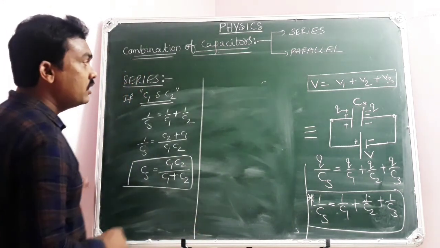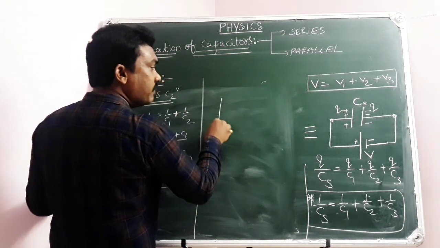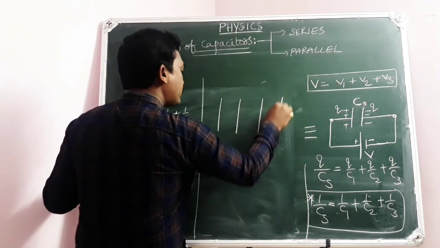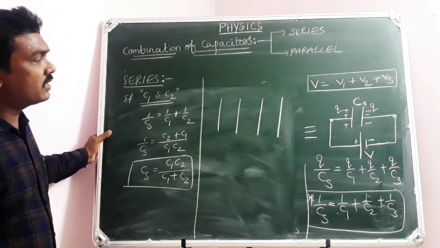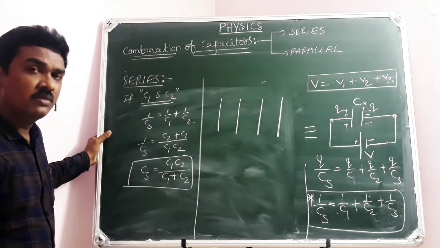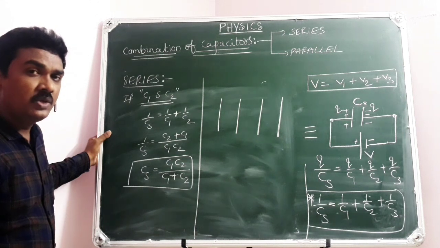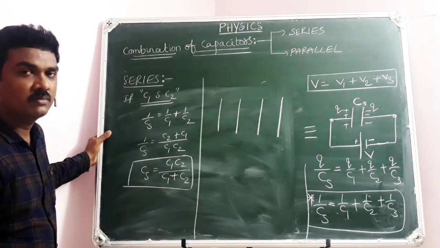At the same time, if you have been given, for example, 4 different metal plates, look at this. 4 different metal plates are given to you. Then using these 4 metal plates, you can construct a combination of capacitors.